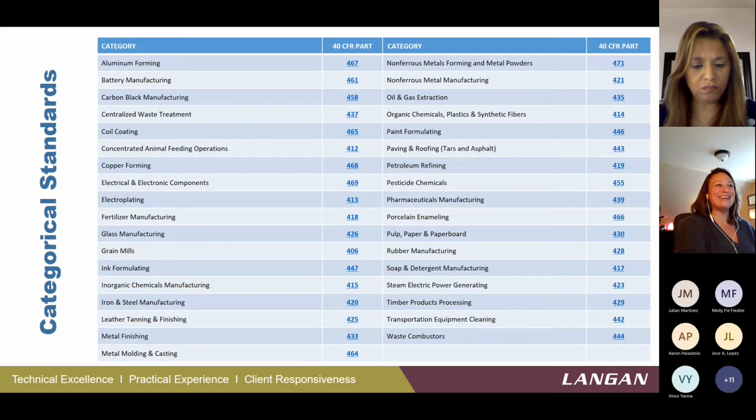Pretty much anything you can make could be covered under one of these. So it's one of those cases where, unlike, let's say, a stormwater permit, where it goes by your SIC code to determine applicability, this goes strictly by the process itself, whether it meets the definitions.